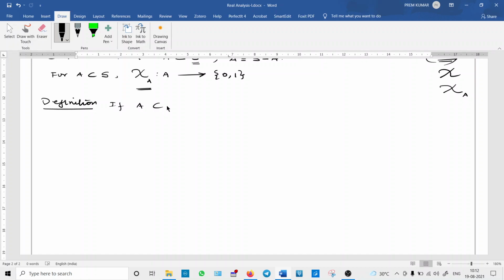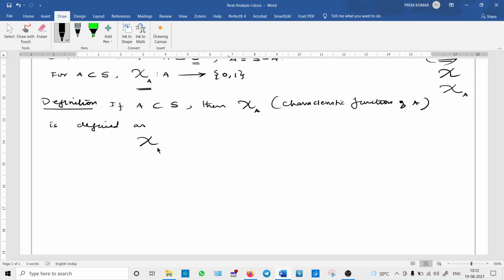If A is a subset of the universal set S, then we define chi A, which we call the characteristic function of A, as follows: chi A of x equals a piecewise function, equal to 1 if x belongs to A, and mapped to 0 if x does not belong to A.